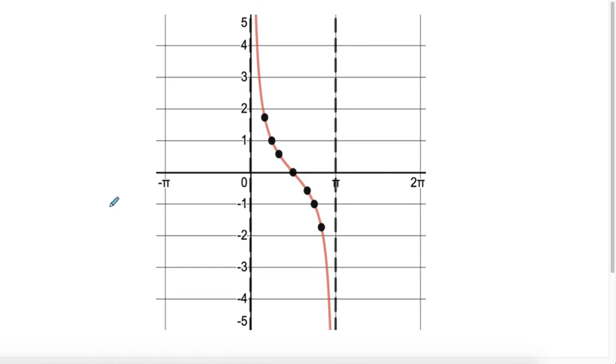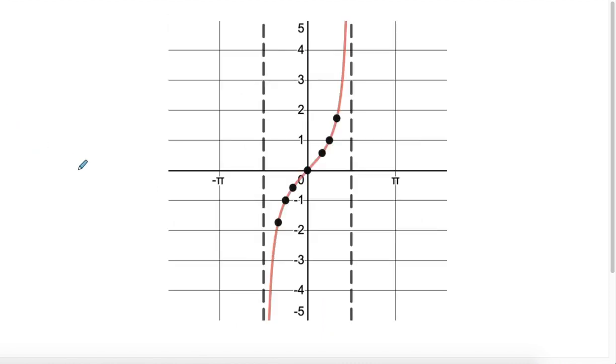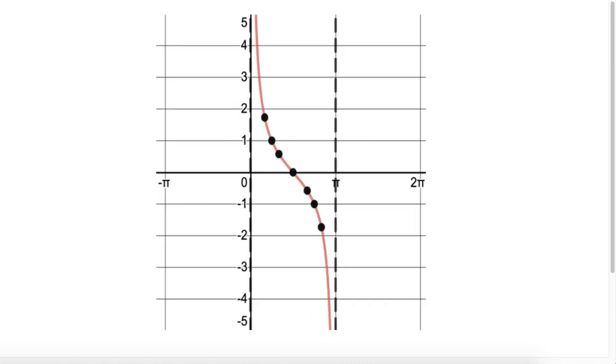So these are some important characteristics to think about as we're comparing tangent and cotangent. Remember looking back at tangent, this one slopes up from left to right and goes from negative pi over 2 to pi over 2. Cotangent slopes down as we look at it from left to right and goes from 0 to pi.